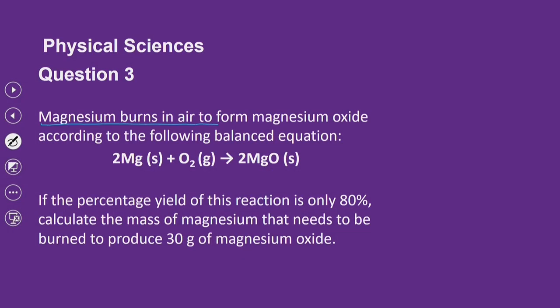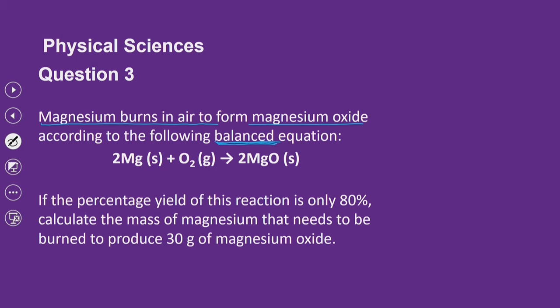Magnesium burns in air to form magnesium oxide according to the following balanced equation. Remember what I said? We need to make sure our equation is balanced before we start calculating anything. So when the question indicates balanced, we are happy.